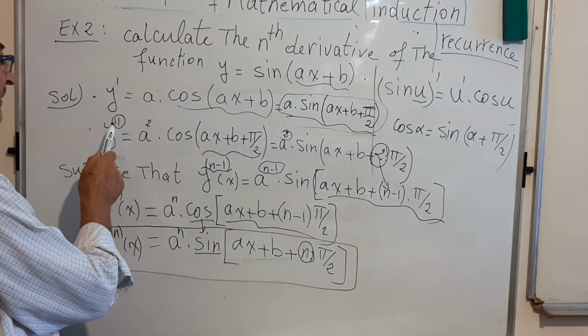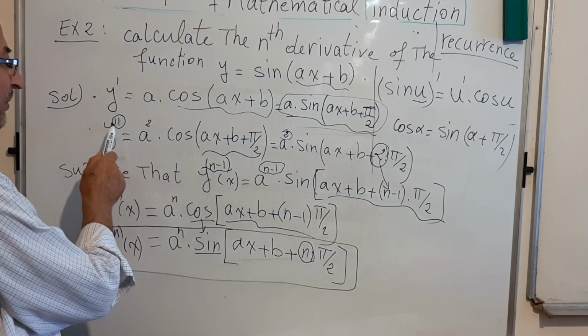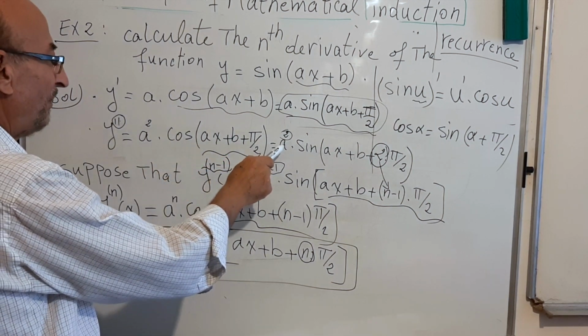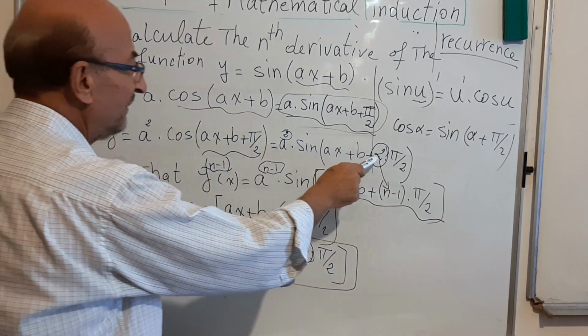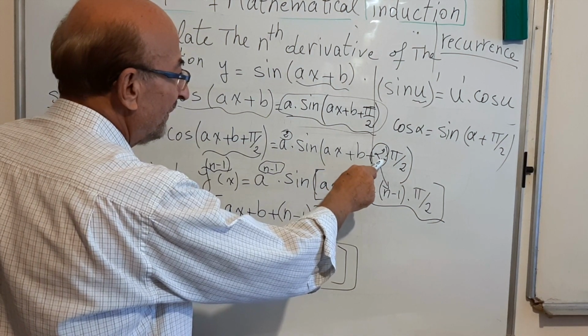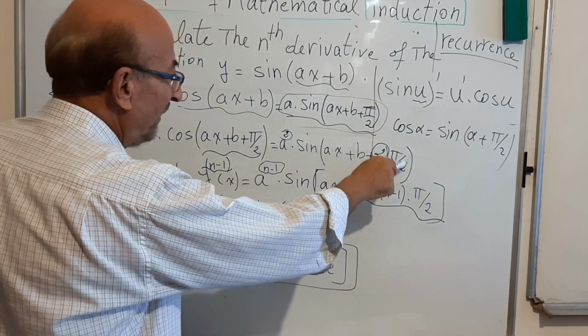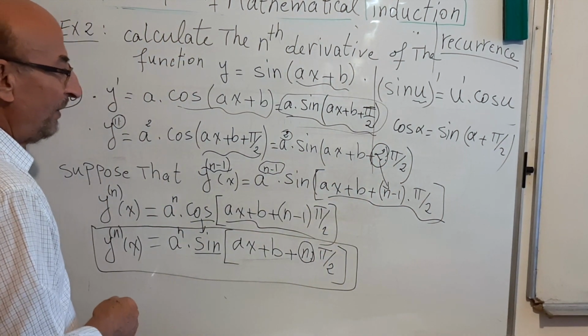For the order 2, y double prime, the power of a is 2, and we have 2 multiplied by pi over 2.